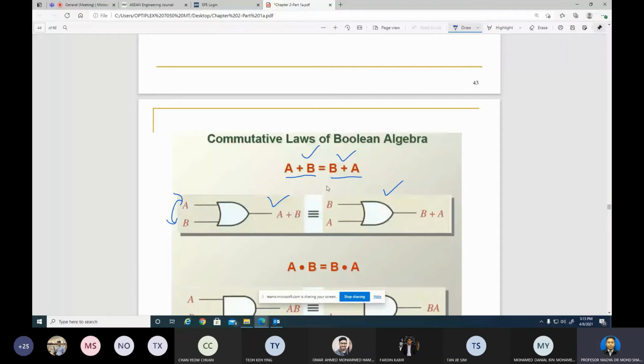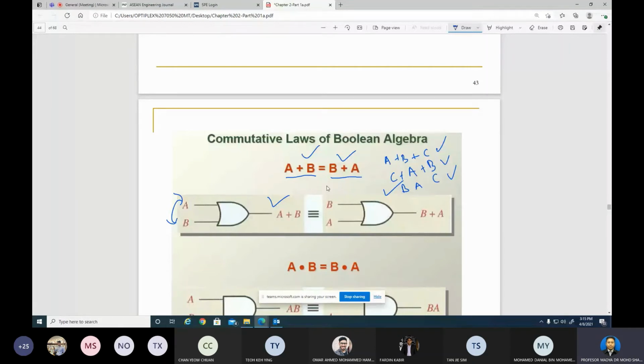For example, we have A plus B plus C. You can also write A plus C plus B, which is correct, or B plus A plus C, also correct. All of these are correct because of the commutative law.